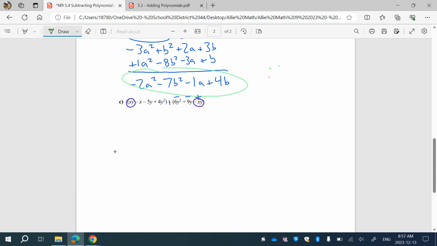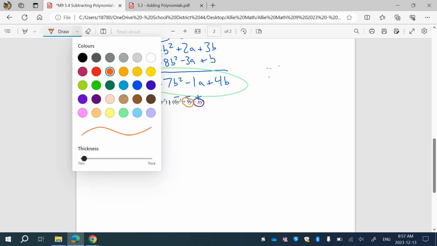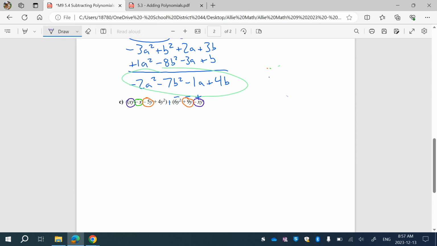Here we have a negative x, but no x is over here. Next, we have a negative 5y, and we do here have a y as well. And finally, we have a plus 4y squared, and we have a y squared here as well.